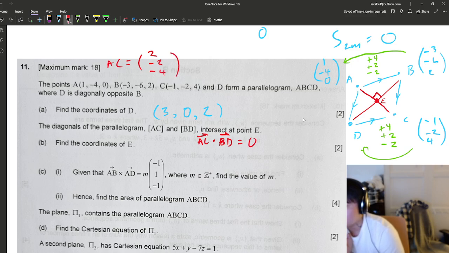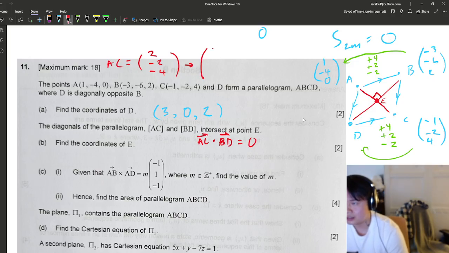Okay, and then I'm just gonna divide the 2, because I just need the direction vector. So that's the same direction as 1, -1, and -2. This will make my dot product just slightly easier to calculate.